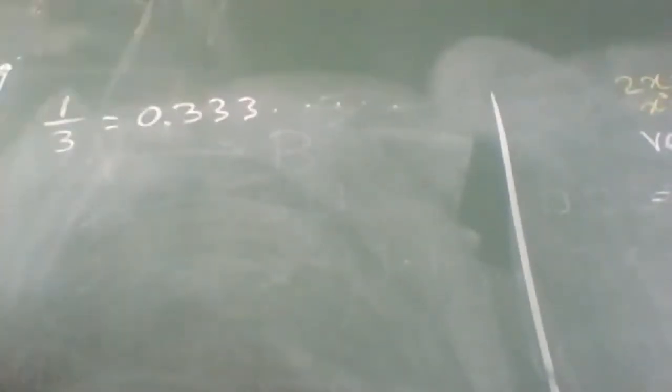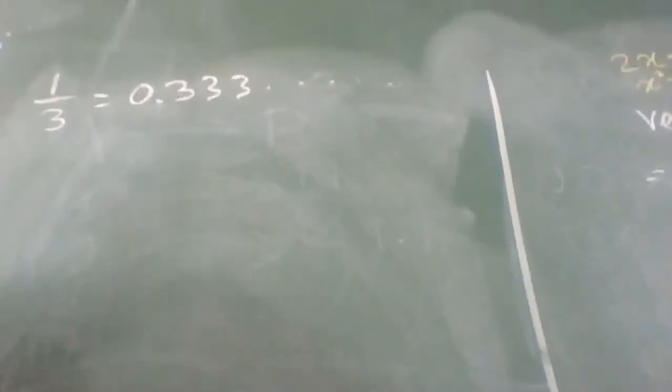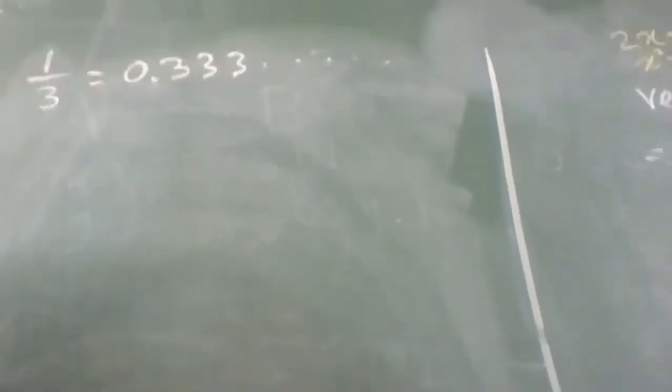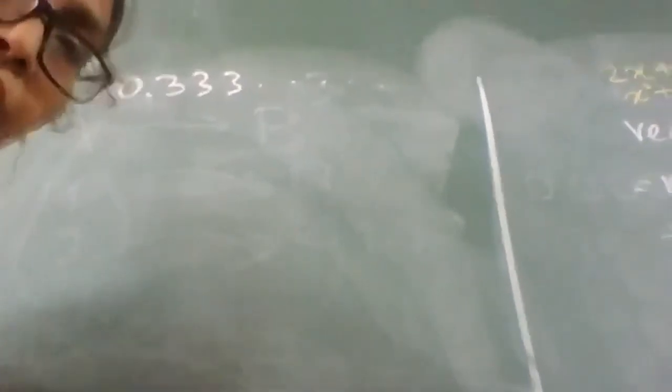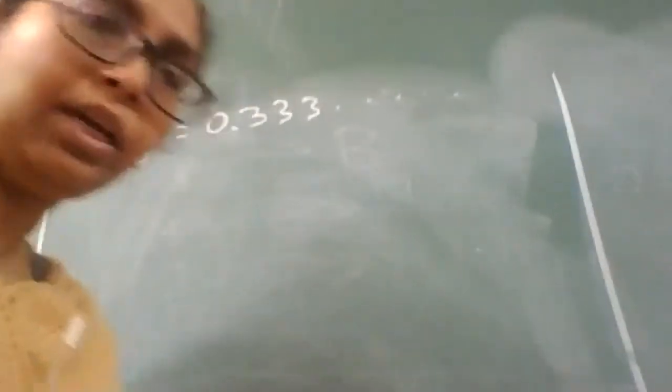Now, if you have a rational number like say 1/3, then it is 0.3333 and it goes on forever. And that's also non-terminating, right? But of course it is recurring, and for irrationals it is not going to be recurring.